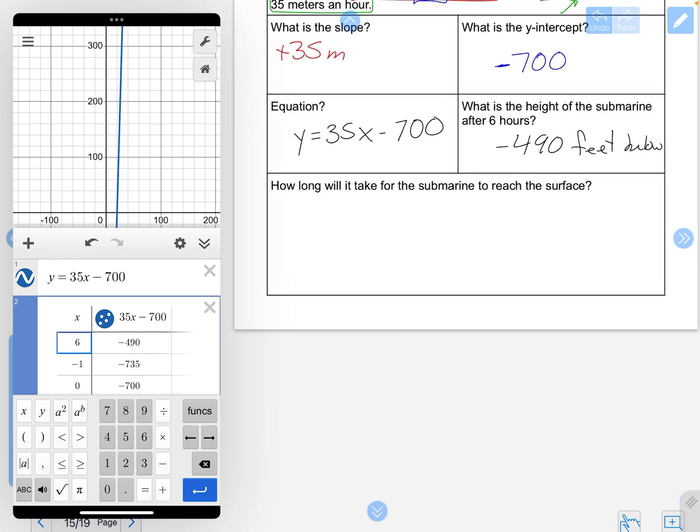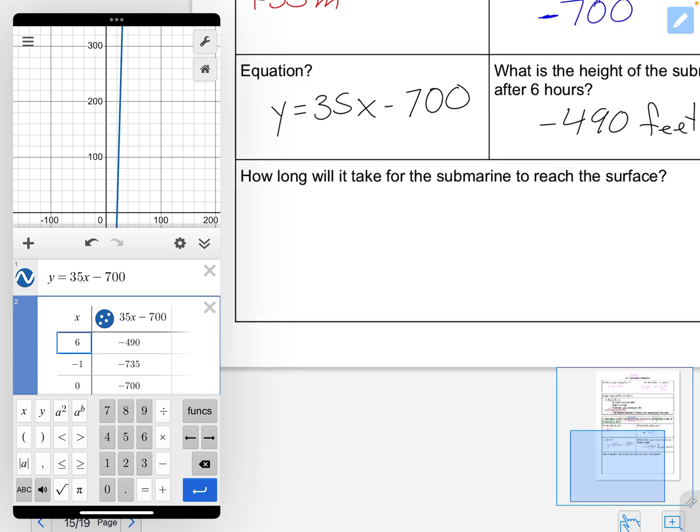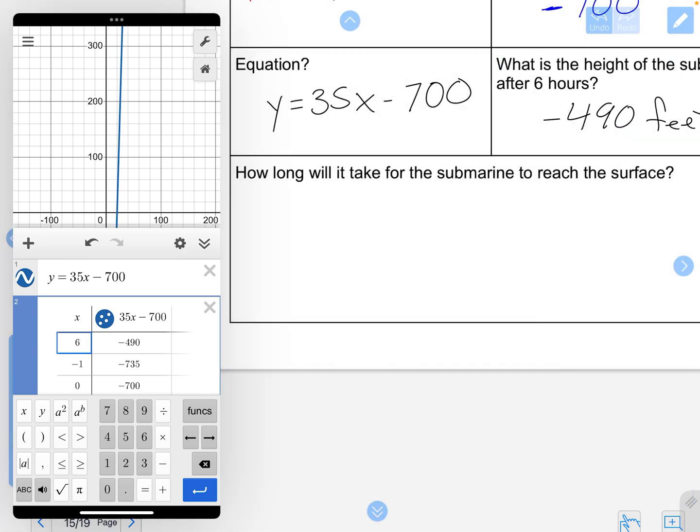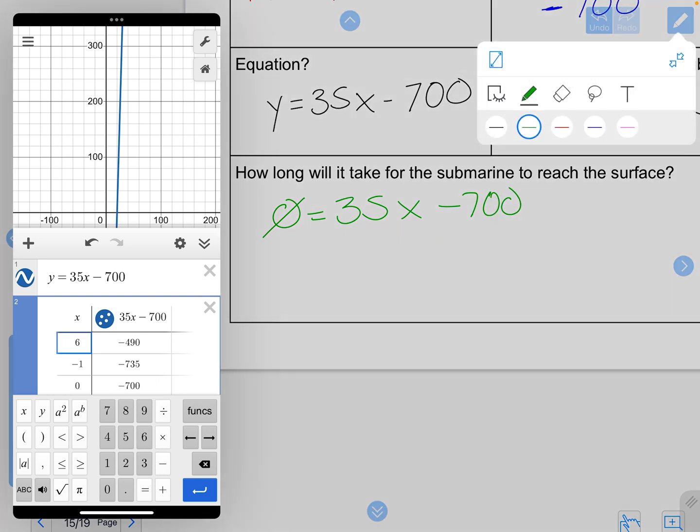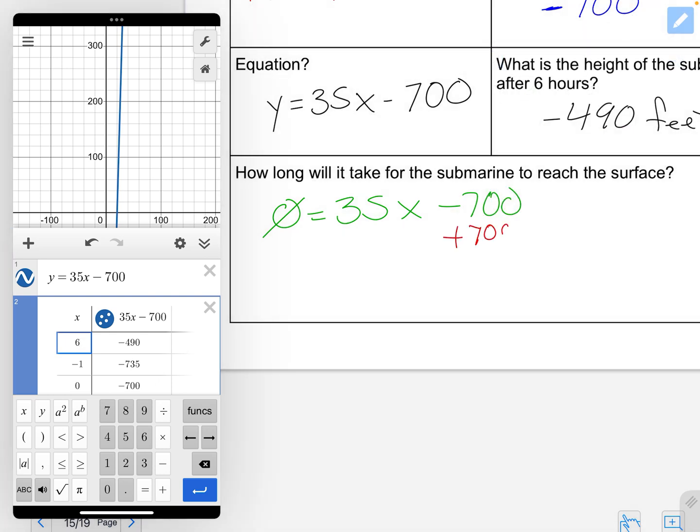So our next question is, how long will it take for the submarine to meet the surface? And so for this one, we need to do a little bit of math. So when they reach the surface, they're going to be 0 meters below sea level. So 35x minus 700 equals 0. So we're going to go plus 700, plus 700.